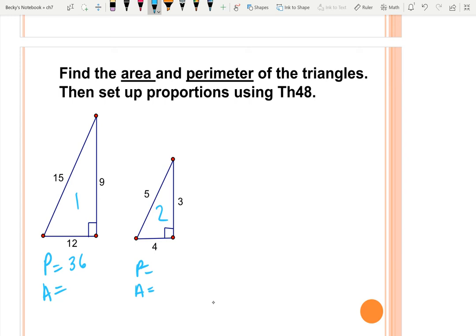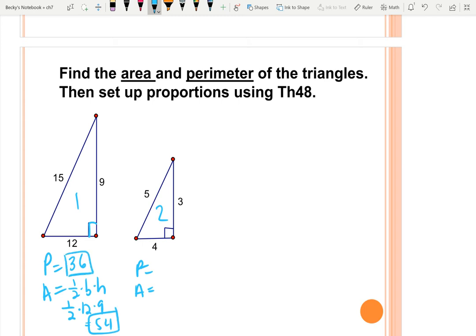Now, for the area, it's 1/2 base times height. My base and height make this right angle. So 1/2 times 12 times 9 is 54.